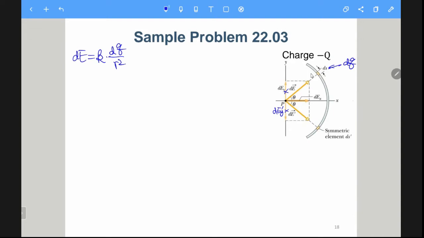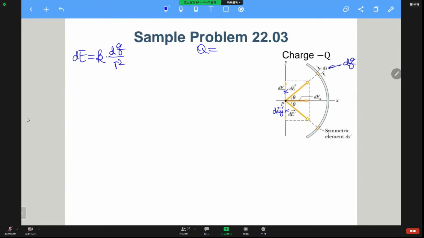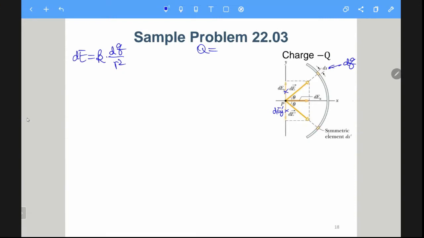Likewise, we can also assume the line charge density. Q will be on this segment, which is 120 degrees, but actually we need to convert it into radians. So 120 degrees turned to radians: we divide by 180 degrees and multiply by pi.